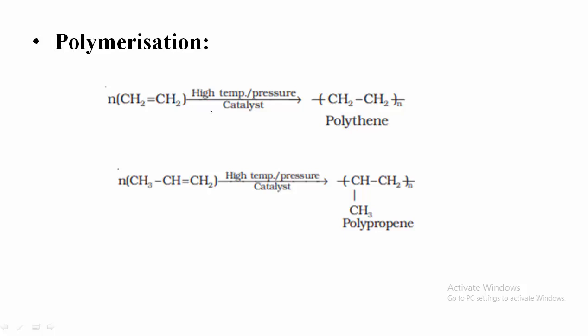So suppose in the case of ethene, if we take one molecule of ethene, that is said to be a monomer. Now when a large number of ethene molecules are joined with each other to form a long linear chain, that is n number of CH2 units.